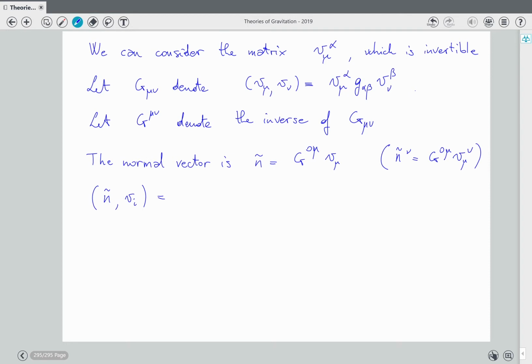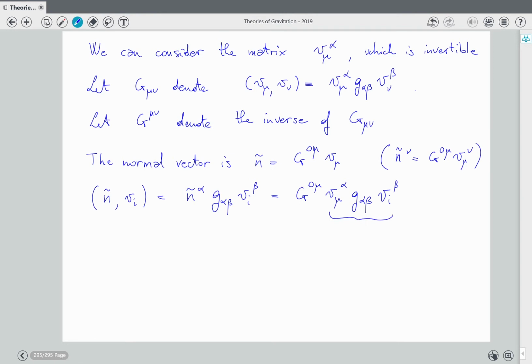So what is this scalar product? It is this. N tilde alpha we can replace with G0 mu V mu alpha. Then we have G alpha beta, V I beta. However, what is this thing?